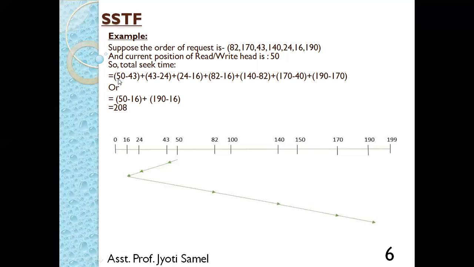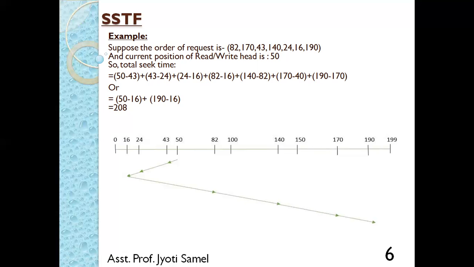In this way, we will calculate 50 minus 43 plus 43 minus 24 plus 24 minus 16 and so on. Here also we can take the simple solution: 50 minus 16 plus 190 minus 16. Both answers will be 208.